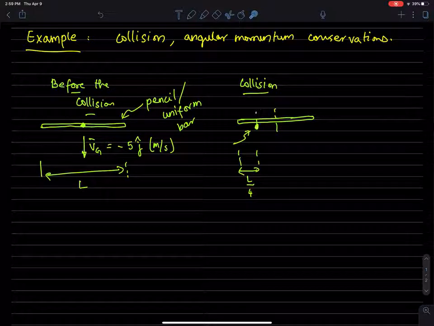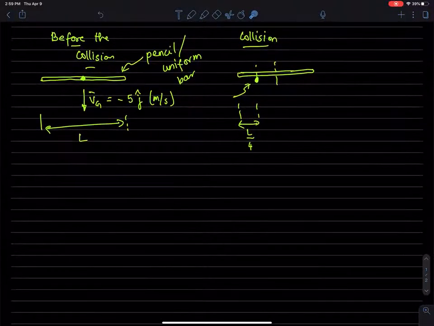It hits the finger or hits, let's say, the edge of a table or something like that. And then what happens? Usually the pencil will start rotating about this point. It'll have purely linear velocity falling down, and then it will hit it and then rotate about that point in some manner.